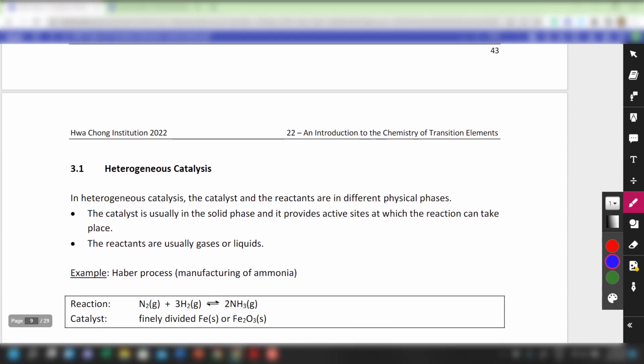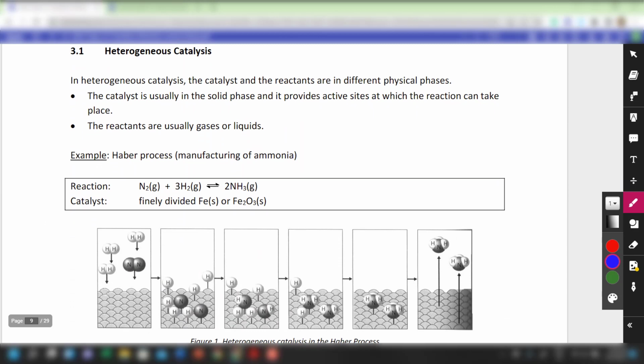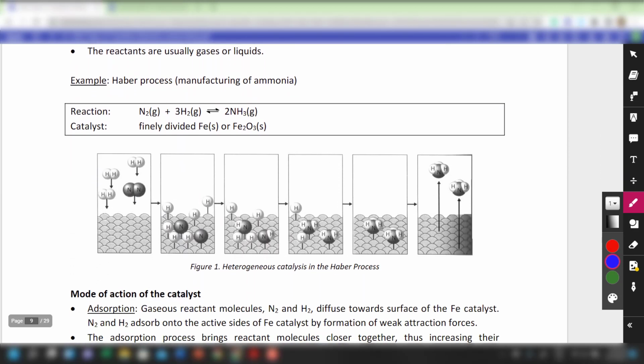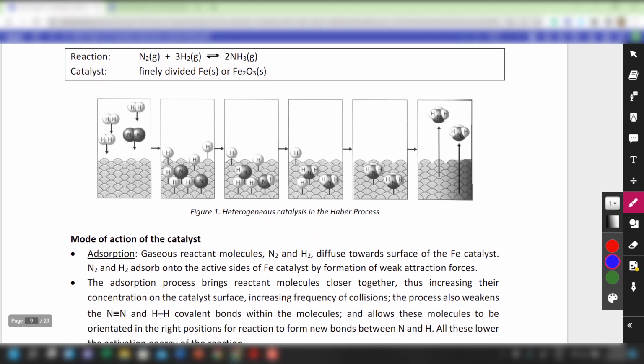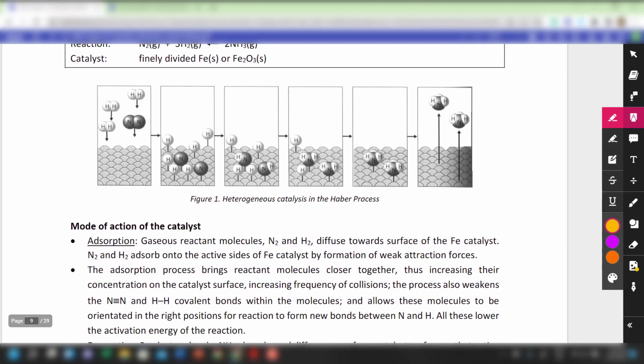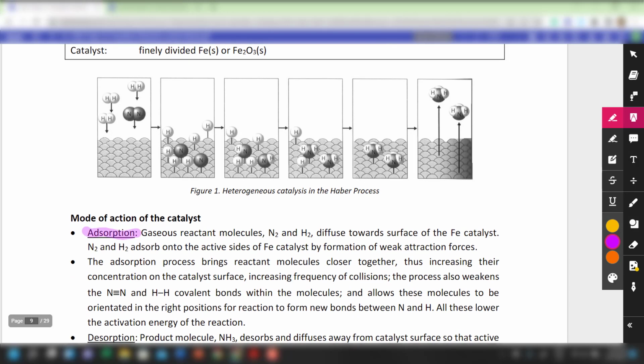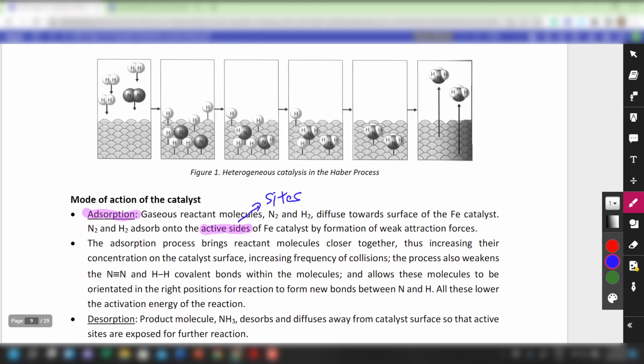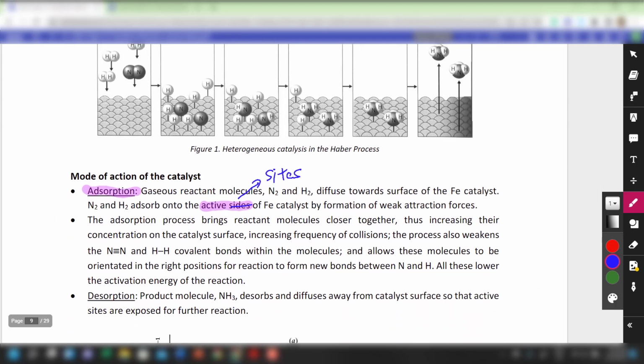Then we're looking at heterogeneous catalysts. We have seen this example in the Haber process. In our case here, hydrogen and nitrogen get adsorbed onto the surface of the metal. This is adsorption. We call the surface sites of adsorption active sites, spelled S-I-T-E-S. The adsorption process brings the reactants closer together, so it increases surface concentration.